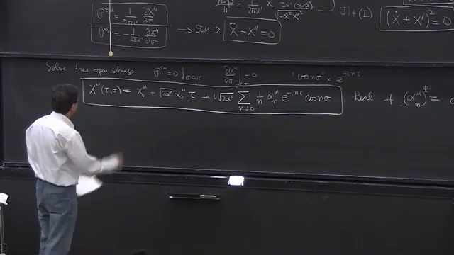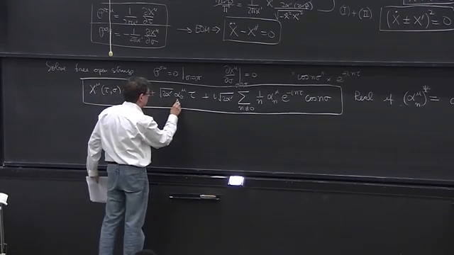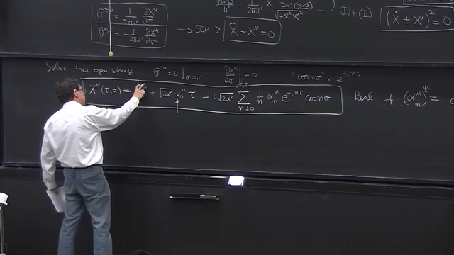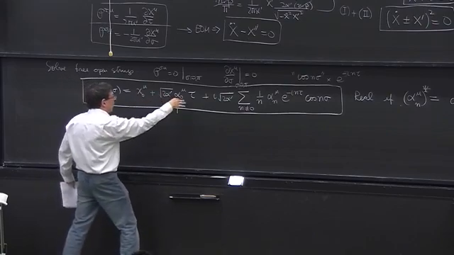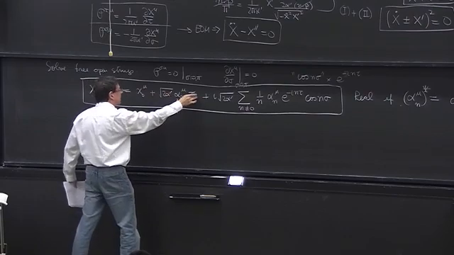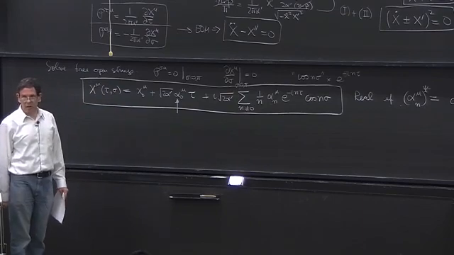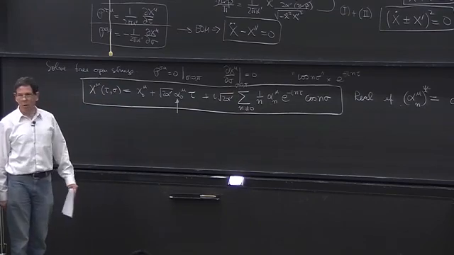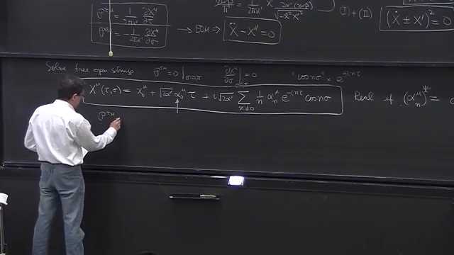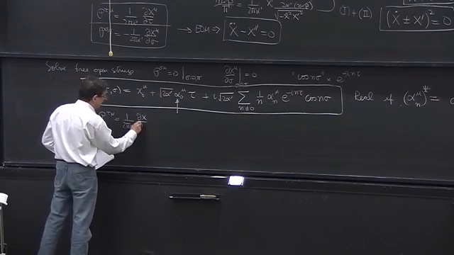Well, first another thing. What is the physical interpretation of this constant? You usually think that a position is initial position plus velocity times time, or momentum divided by m times time. So this must be related to the momentum of the string, this constant alpha 0. So I really need to know what it is. So I have that p tau mu, the momentum density, is 1 over 2 pi alpha prime dx d tau.